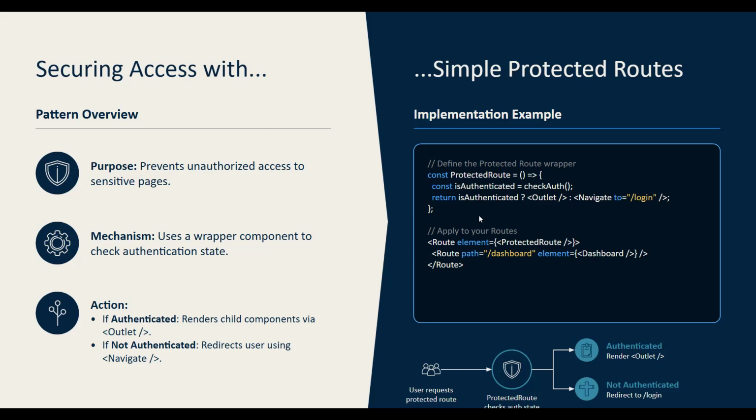And then in this example, checkAuthentication is a placeholder function that decides whether the user can access the admin dashboard or not. If it returns true, then the dashboard is returned, or else if the user is not authenticated, they just get redirected to the login component.